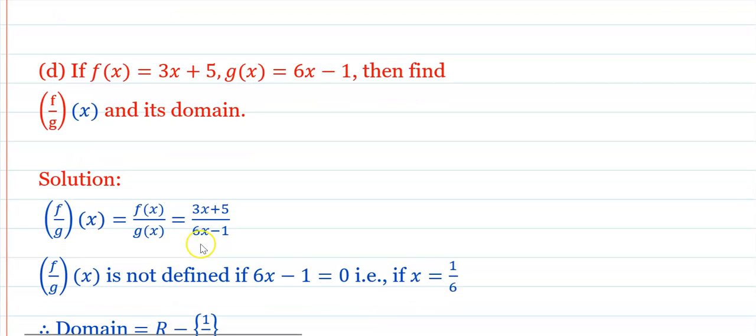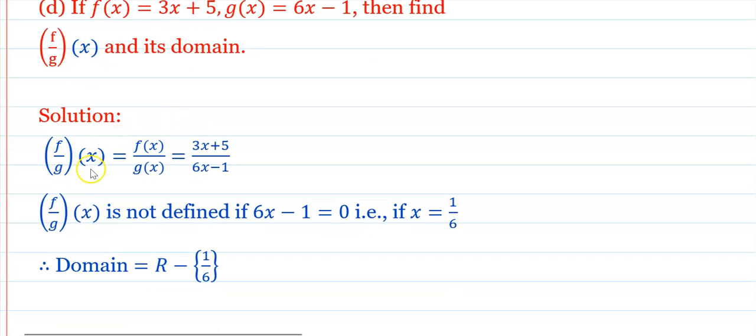Okay. Next, if f of x is equal to 3x plus 5, g of x is 6x minus 1, then find f upon g of x and its domain. हे find out करायचं आपल्याला. That is f upon g of x. f of x is 3x plus 5, g of x is 6x minus 1. f upon g of x is not defined if this denominator is 0.